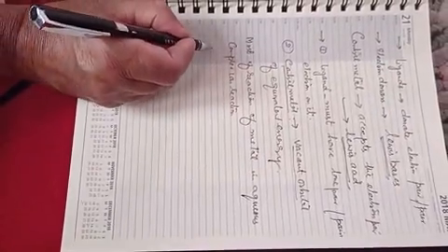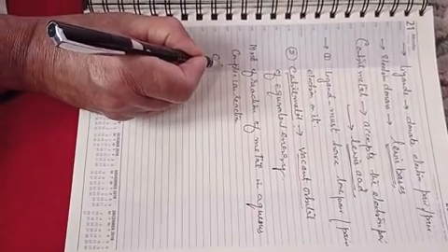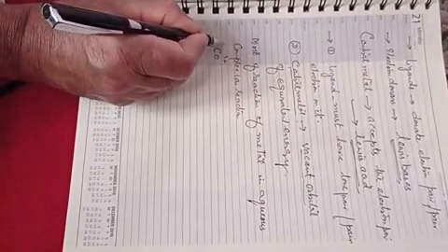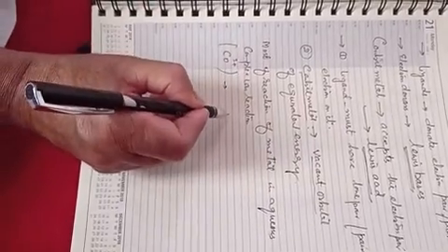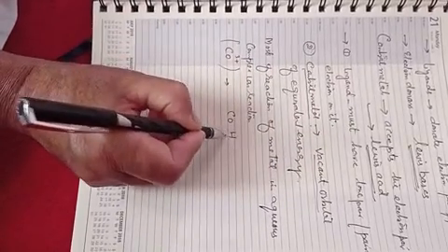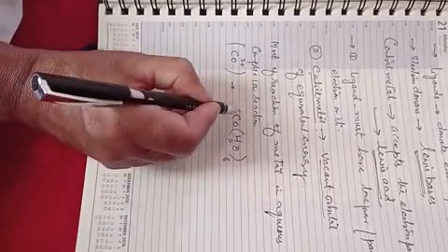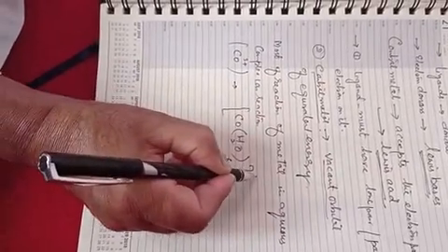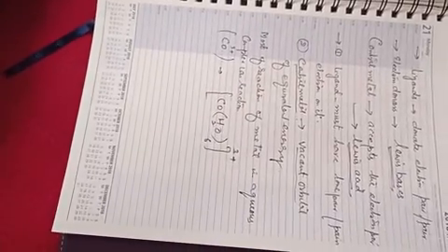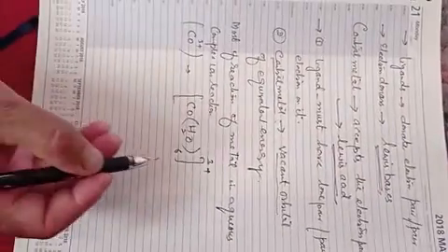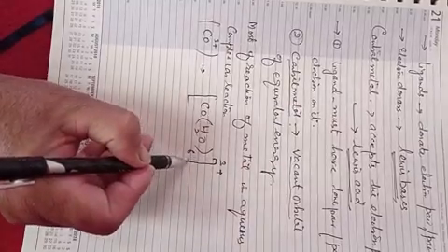For example, cobalt exists in water as Co(H2O)6. So most of the reactions are due to the formation of complex ions, due to the formation of coordination complexes.